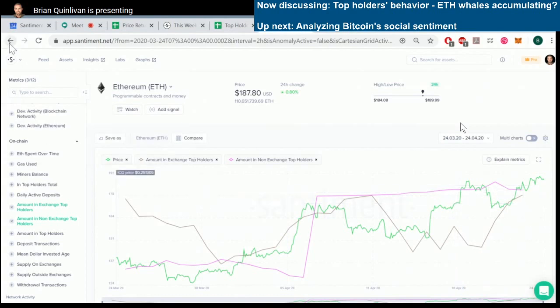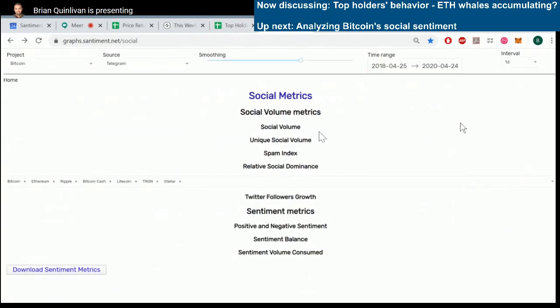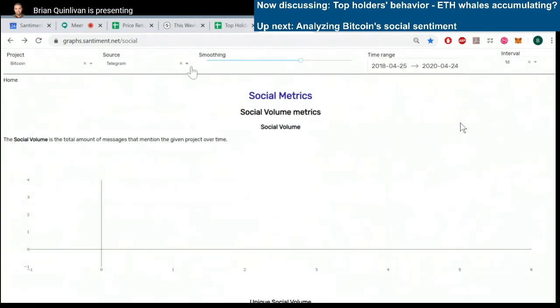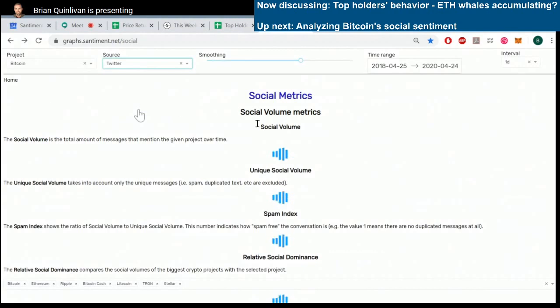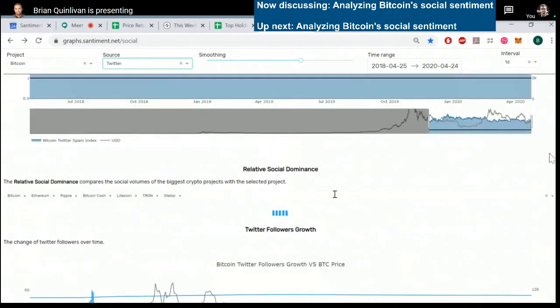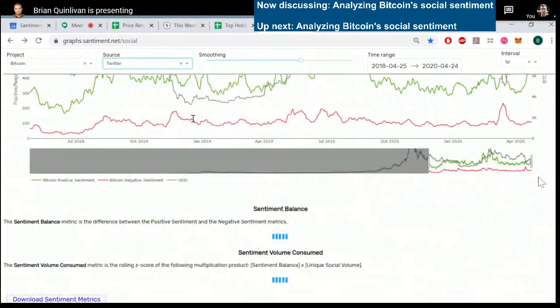Cool. All right, moving on to the last topic I'm going to discuss. Twitter, and to an extent some of the other platforms as well, are showing close to year-long highs in positive sentiment right now, which is super interesting.